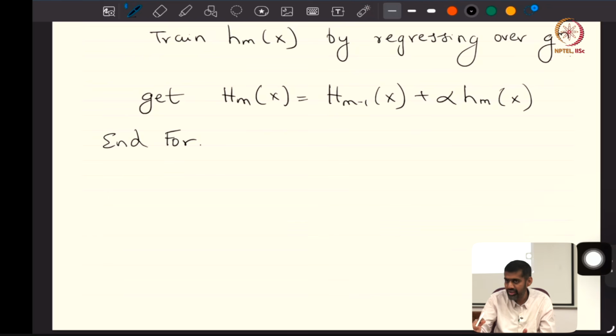That is what I meant when we started the discussion on boosting, when I told you this is a principled way of finding the next classifier in the ensemble. In the sense that you ensure the next classifier you get is always better than the ensemble we have so far. That's how we are doing it.